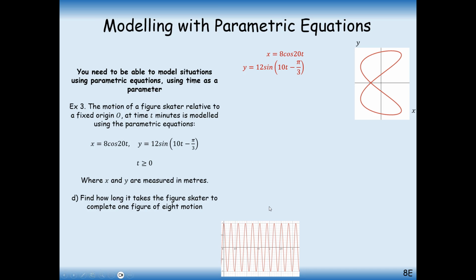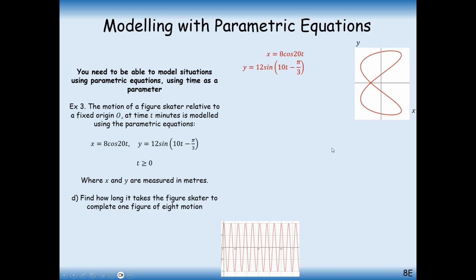Now the next part of the question is asking us to find how long it will take for the figure skater to complete one figure of 8 motion. Alright, so we knew that it started somewhere in the fourth quadrant. It has to complete its full journey to get back to the original position.